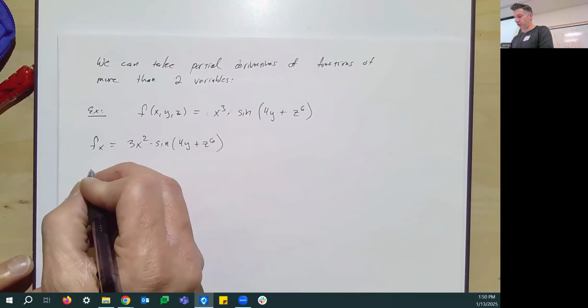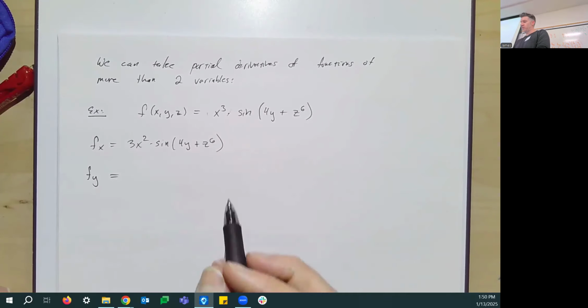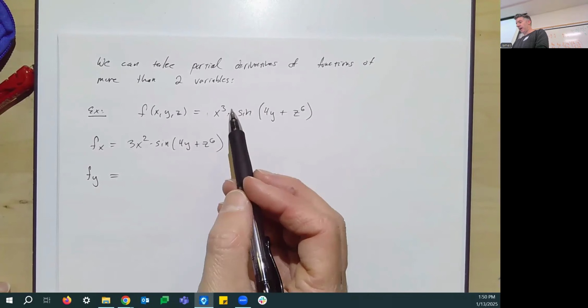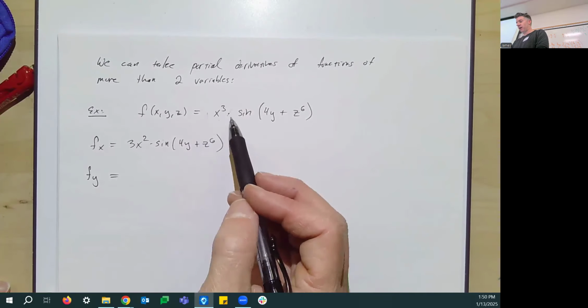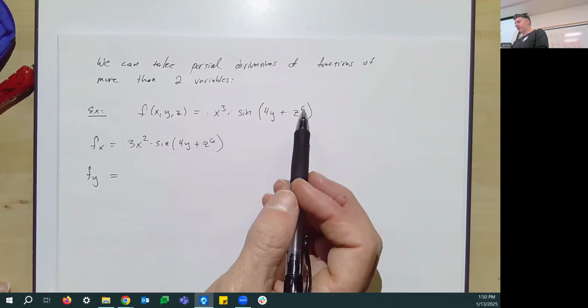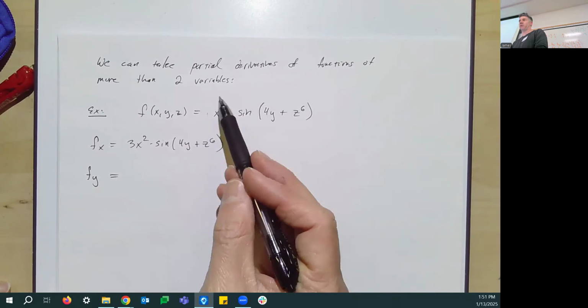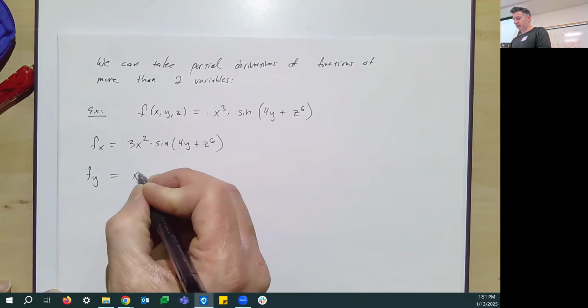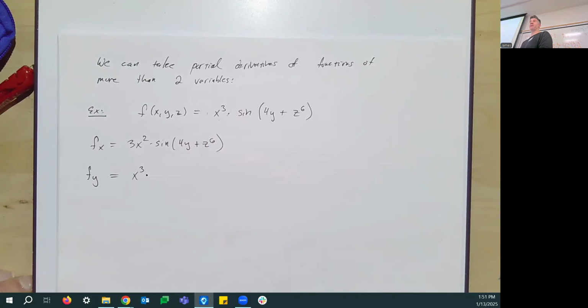Let's look at the partial with respect to y. So now, if we look at this original function, I'm seeing x cubed, which is now a constant in my brain. I have a constant times sine of a variable. So this is the functional part. This is the constant part. The x cubed gets to hang out. And the derivative of sine of some stuff is going to be cosine of that stuff times the derivative of the inside stuff.